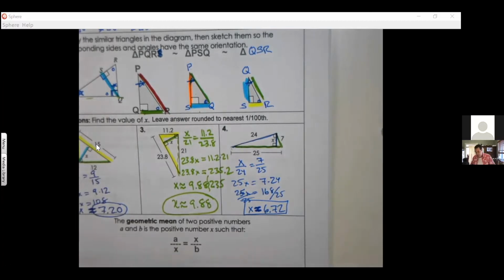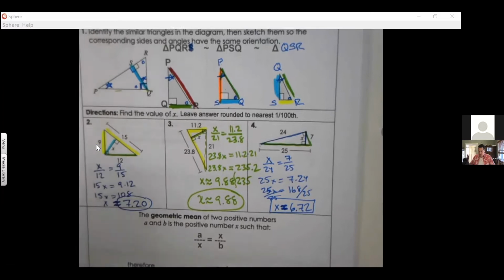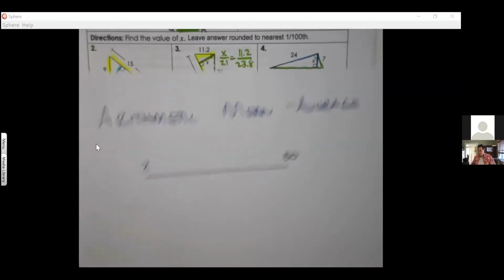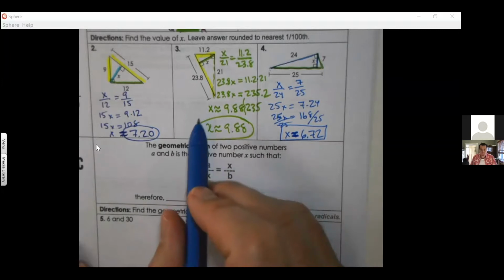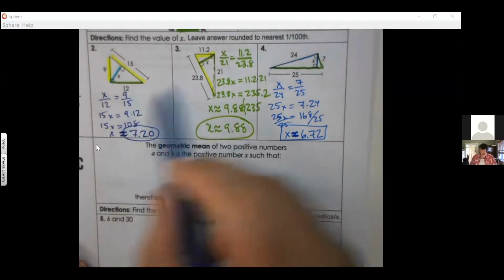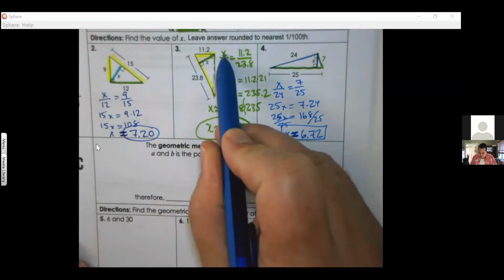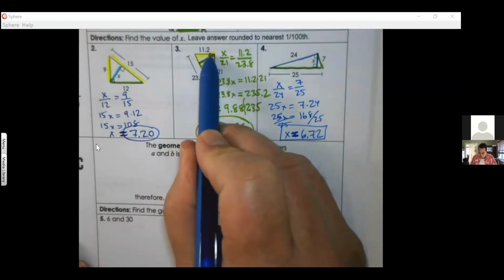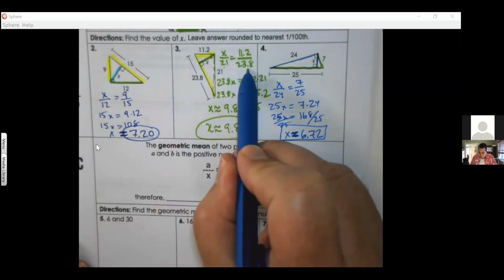Okay, now, can we do that? Yes, they're similar triangles, so there's no reason we can't do that. But it turns out we've got a way that we can do this a little bit easier. We do these problems the same way. I'm going to take x, the short leg is to its hypotenuse, x is to 21, as this short leg is to this hypotenuse, 11.2 is to 23.8.